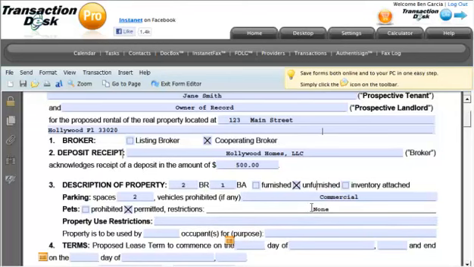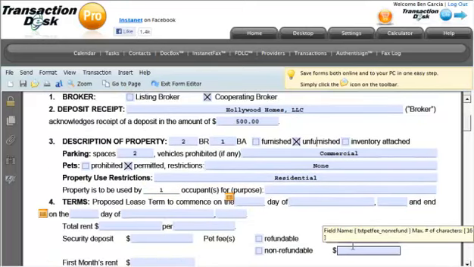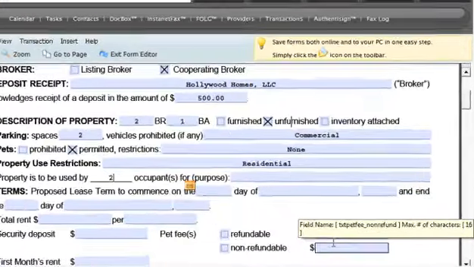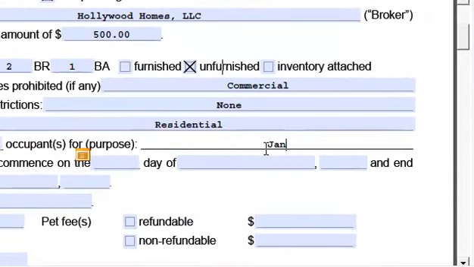Property use restrictions, residential. Property is to be used by 1 occupant, Jane Smith, or 2 occupants, Jane Smith and Ben Smith. And you can write Ben Smith can be the 6-year-old.